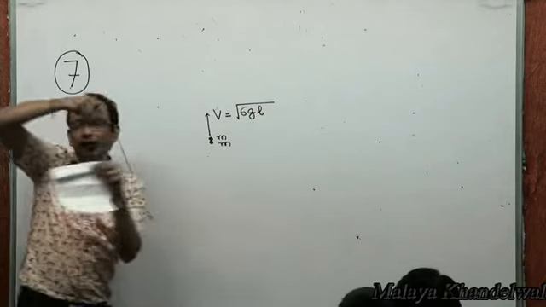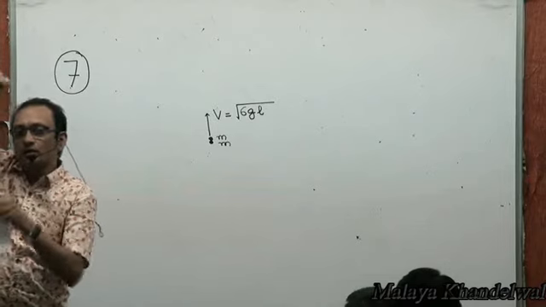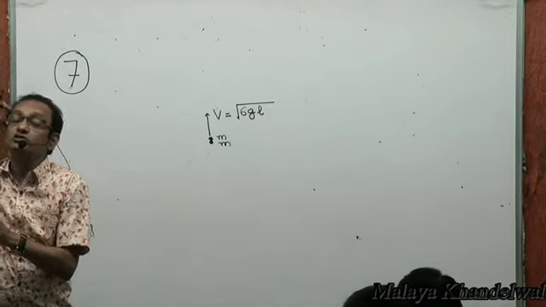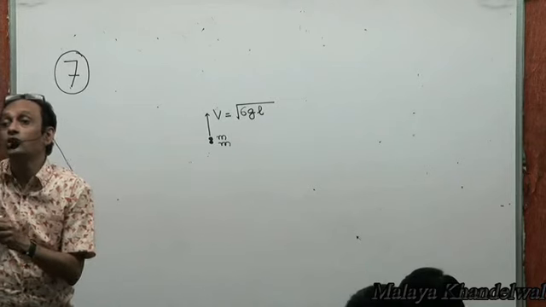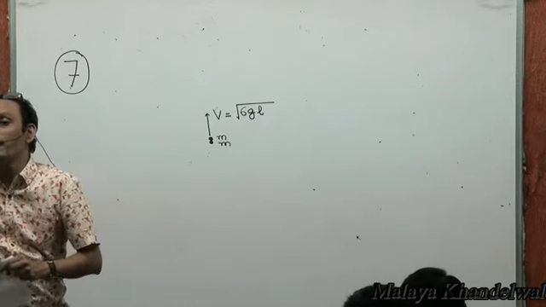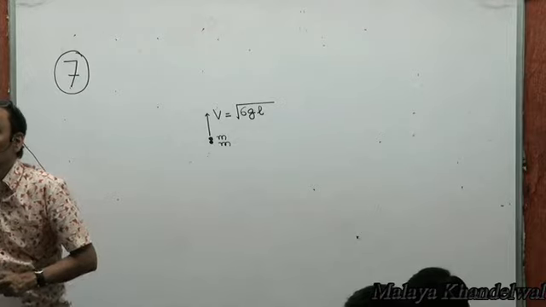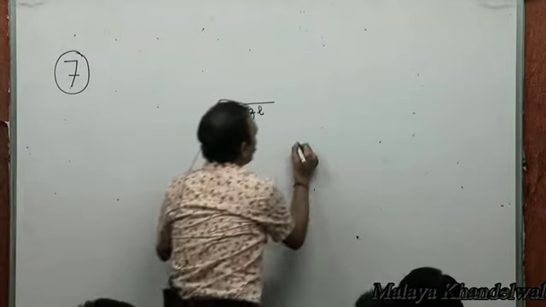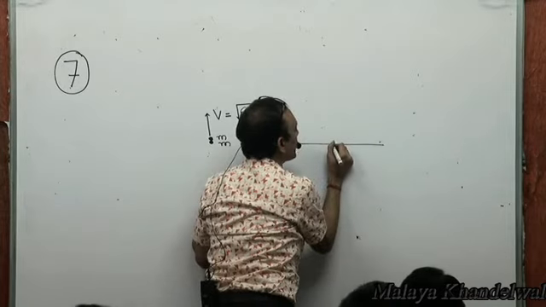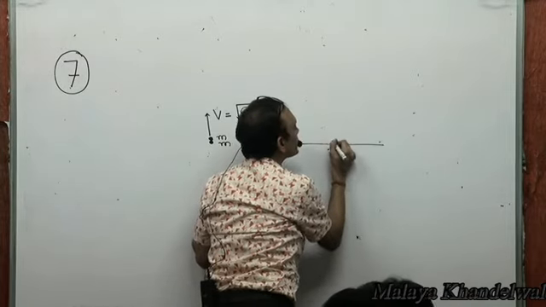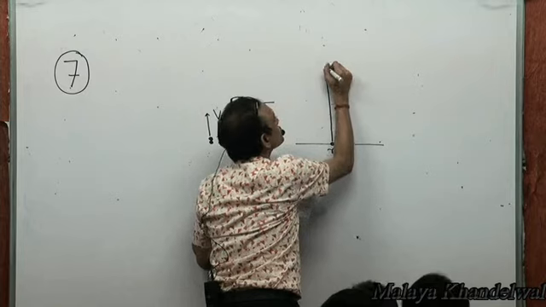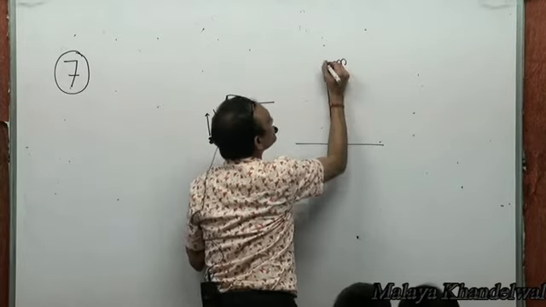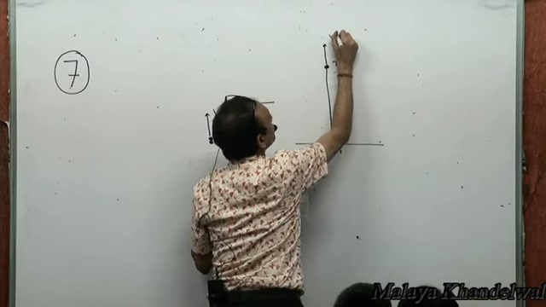the string between them, which is initially collapsed, begins to straighten up, but as long as the string is not taut once again, the second mass will not feel any force, right? After a while, the lower mass remains on the ground, whereas the upper mass, which was initially fired with a velocity root 6gl, reaches this position and its velocity becomes, say, v1.